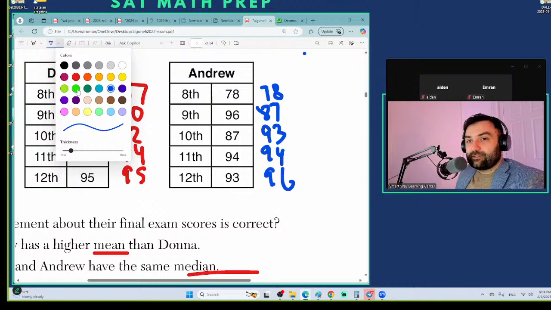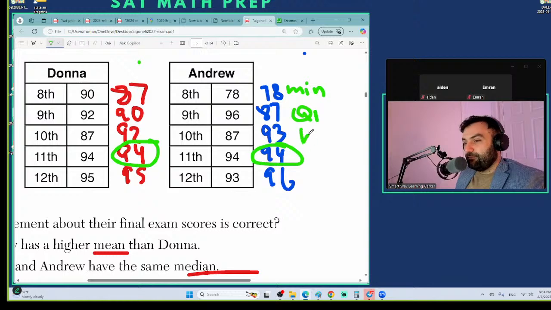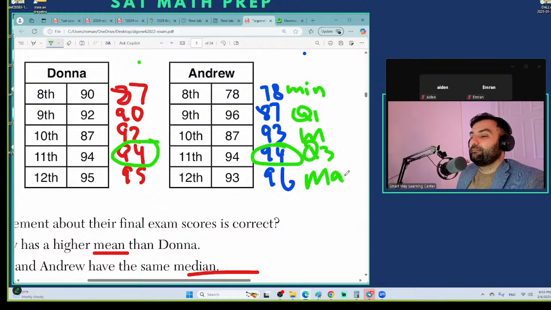Why? Because it's here: minimum, Q1, median, Q3, maximum. That's how it works. The same goes for the first one.